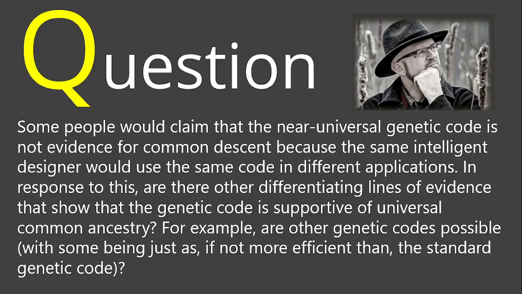Are there other equally valid codes that could have been chosen to be used either by an intelligent designer or by a selective, evolutionary process? Could we have ended up with a different code, or is this simply just the best code we could imagine there would be? And you could either argue an intelligent designer used the very best code, or evolutionary processes generated or selected for the very best code that's possible.